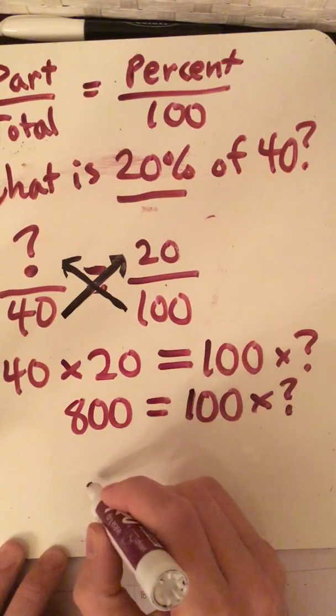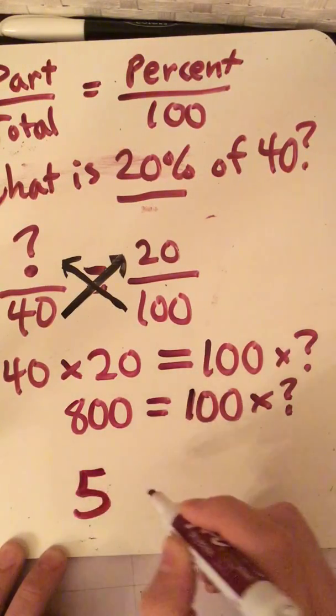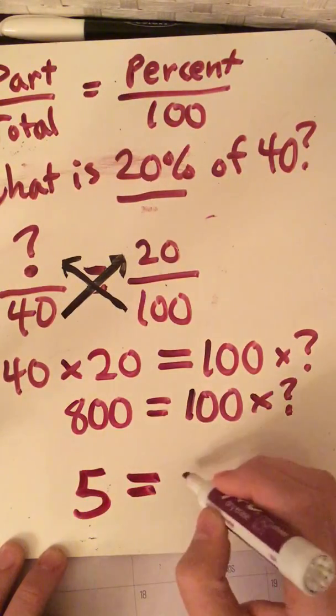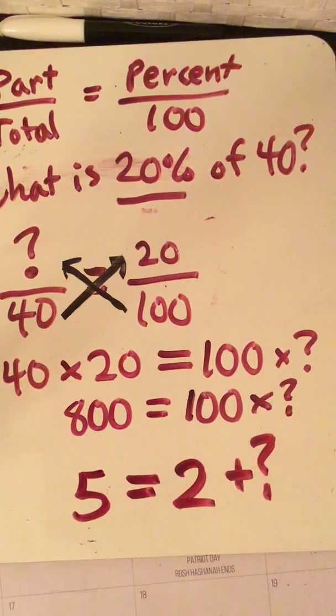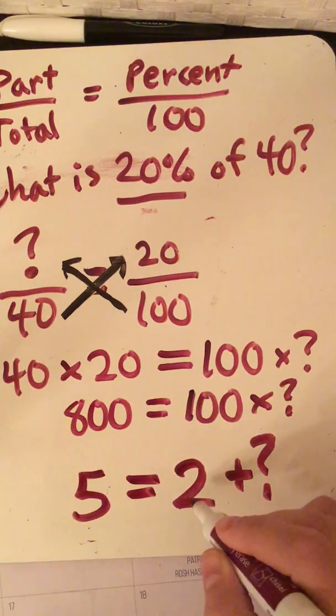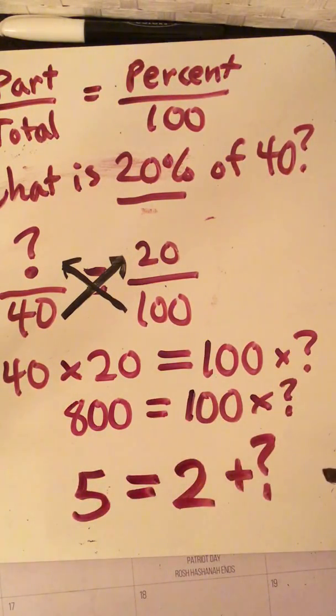First example will be like this. Looks familiar, doesn't it? What times 2 equals 5? Well, we know that right there is 3, just because we know 2 plus 3 is 5, right? Simple.